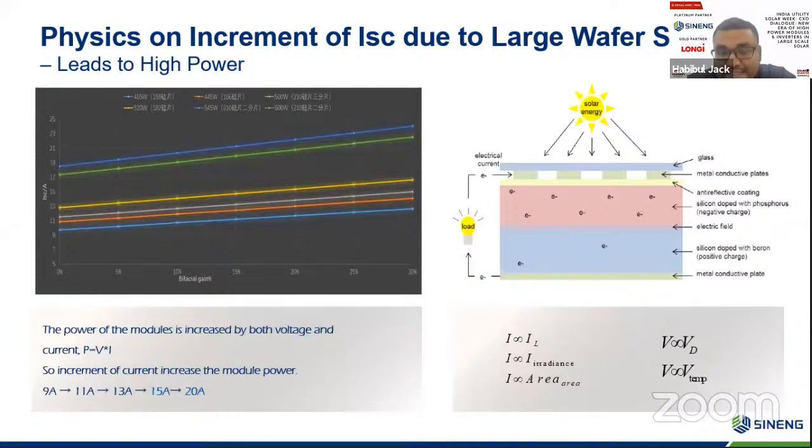So PV cell is an irradiance controlled current source. Current can be increased by either increasing the irradiance or the cell area. So we can say the larger the cell area, the larger the current.